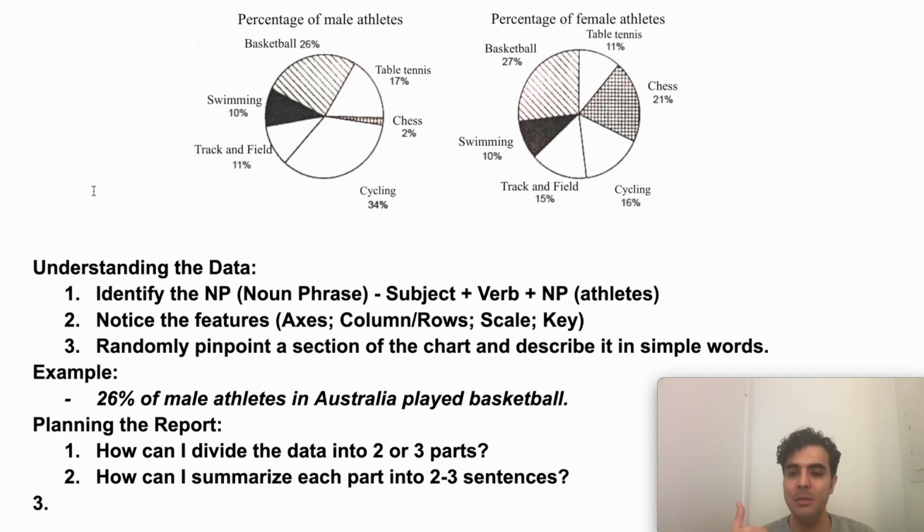So one sentence can be the highest. Another sentence can be focused on the smallest percentage. So look, chess, for example, isn't a game that's of a lot of interest to male students. In fact, the smallest percentage of male athletes chose to play chess.